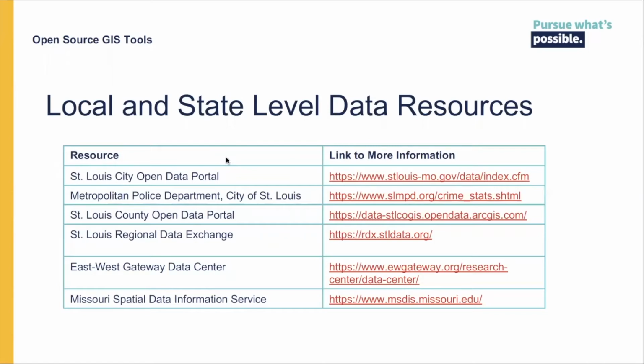And then also the Metropolitan Police Department publicizes their crime stats. I will say it is kind of hard to get them because they are in PDF, which is not really that friendly of a form.